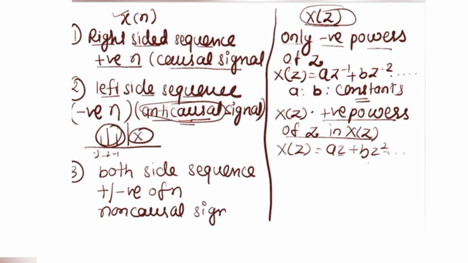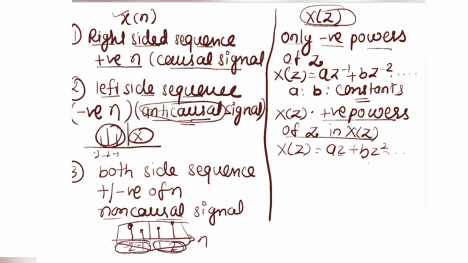Non-causal signals can have some positive values, but they must have some negative values, otherwise they will not be termed non-causal. So this signal, which has values at n = 1, 2 and -1, -2, is non-causal because it has some positive n values and some negative n values.